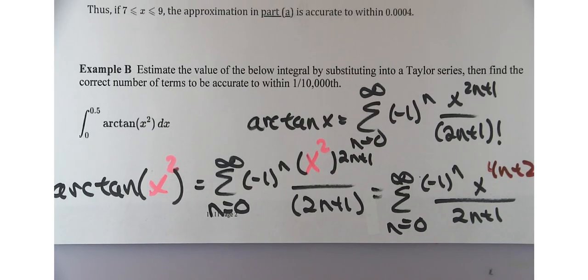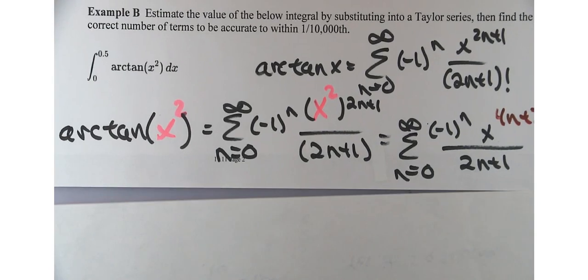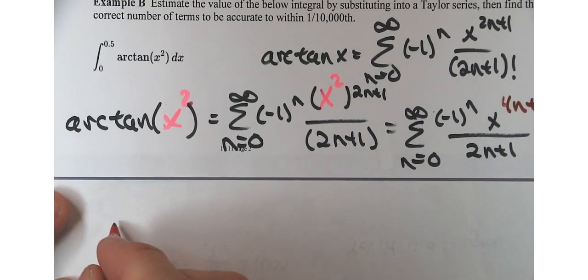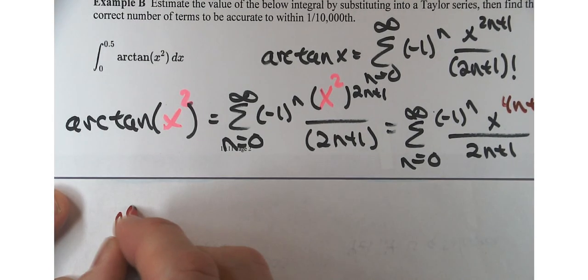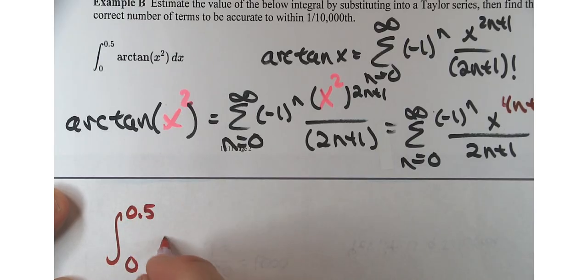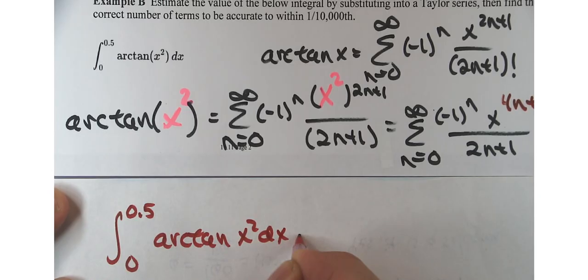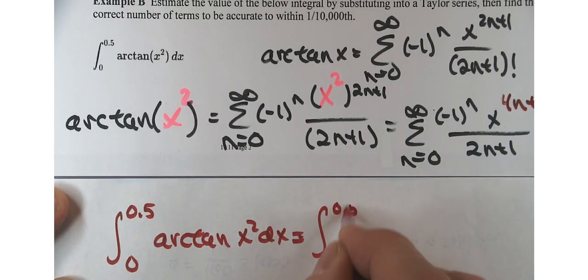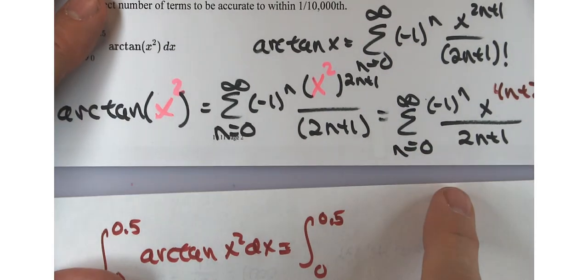So let's see if we can't do that. The integral from 0 to 0.5 of the arctan of x squared is going to be the same as the integral from 0 to 0.5 of this summation.